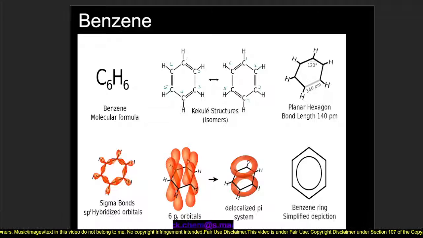However, as seen in the third diagram, the actual bond length present between the carbon atoms in the structure of benzene was the same, indicating that there are no alternating single and double bonds.